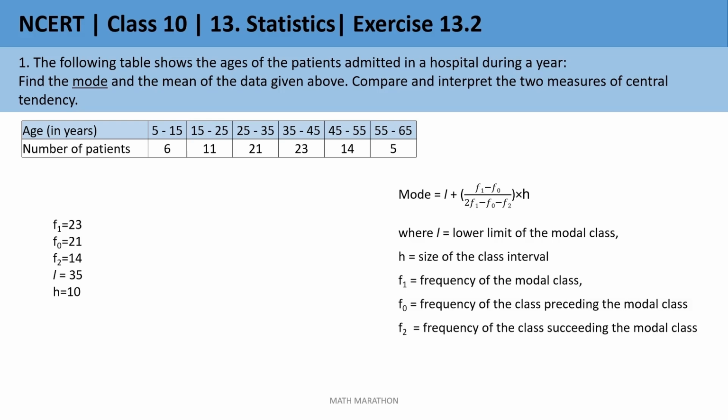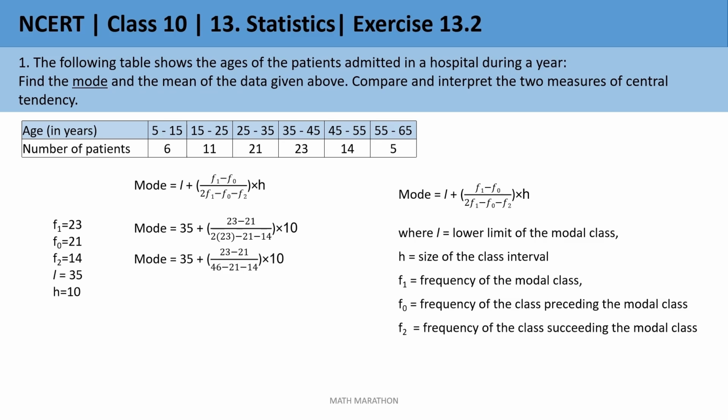Now, we have sufficient information to calculate mode. Formula to calculate mode is L plus (F1 minus F0) divided by (twice of F1 minus F0 minus F2), multiplied by H. Mode is equal to L, which is 35, plus F1, which is 23, minus F0, which is 21, divided by twice of F1, which is 23, minus F0, which is 21, minus F2, which is 14, multiplied by H, which is 10.